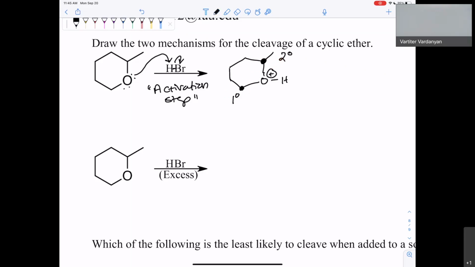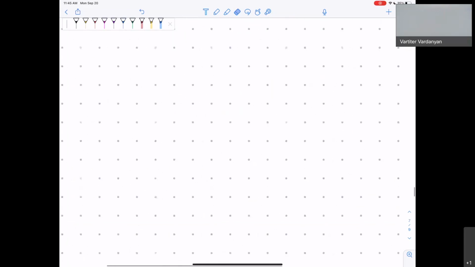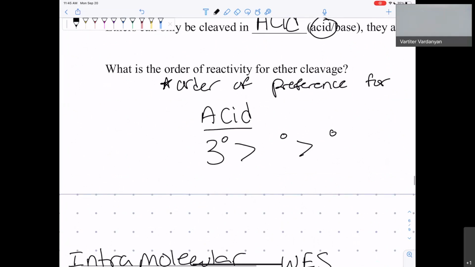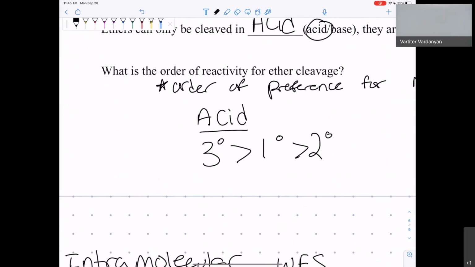So since we had an acid, what was the order of preference? That would be too easy. It's a pain in the ass. So it's what? 3... no. 3, 1, 2.